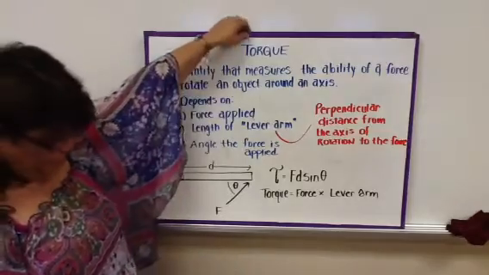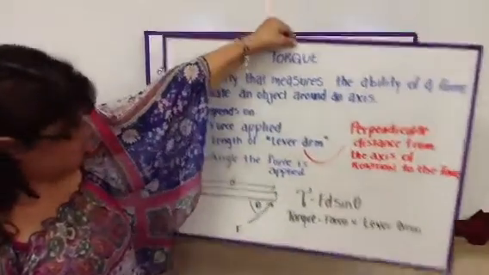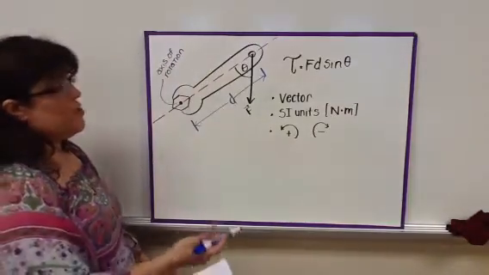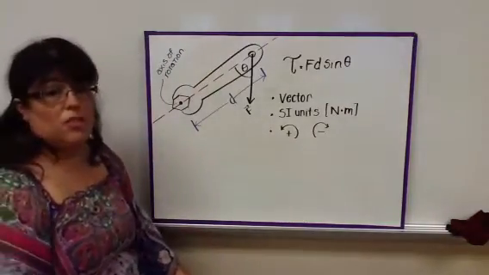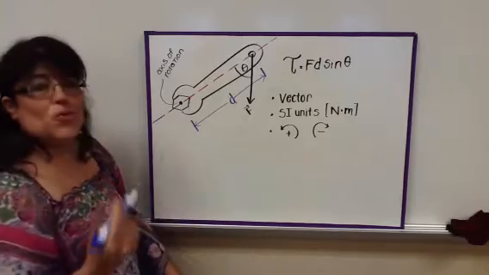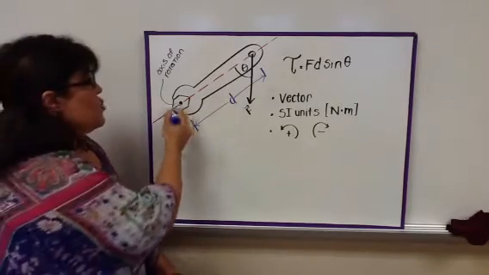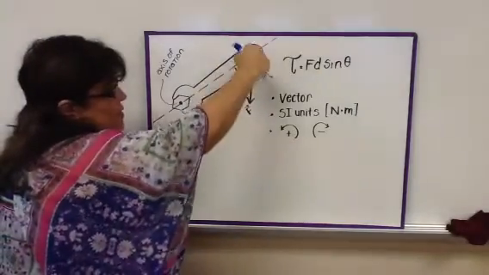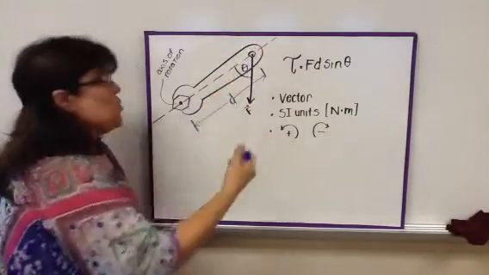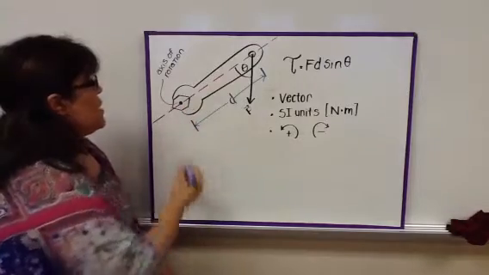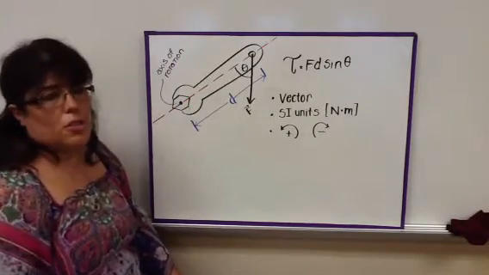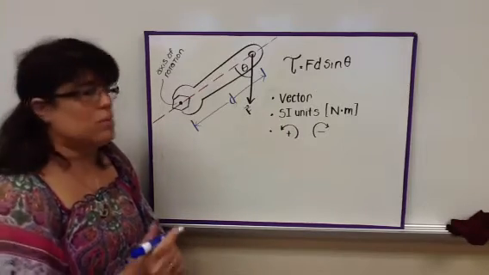So here's an example. If you have a wrench, and a lot of times they're called a torque wrench, and the reason why is because you use torque to rotate. So you have a bolt here, and you want to pull on this wrench to loosen or tighten the bolt. That's right here. So our axis of rotation is the center of the bolt, just like the axis of rotation of the door was the hinge.